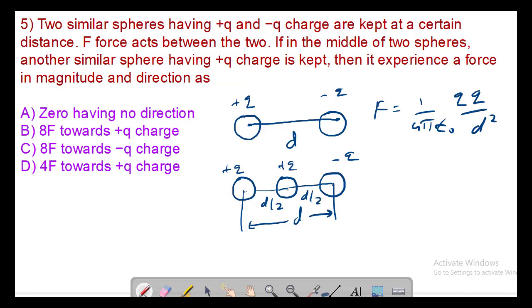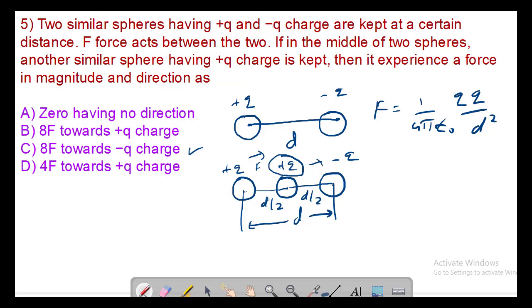Now what is the force acting on this charge plus q? This charge is introduced between the two. Because these two are positive, this will repel it, so the force direction is on our right side. Because here it is minus q, this plus q will be attracted towards minus q. So there is a force of attraction towards the minus q charge. Even in the options we see this may be the correct answer.